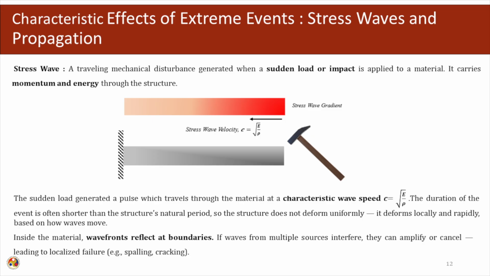The extreme events also warrant a different signature as far as stress wave propagation comes into the picture. In stress waves, a travelling mechanical disturbance is generated when a sudden load or impact is applied to the material. It carries momentum and energy throughout the structure.